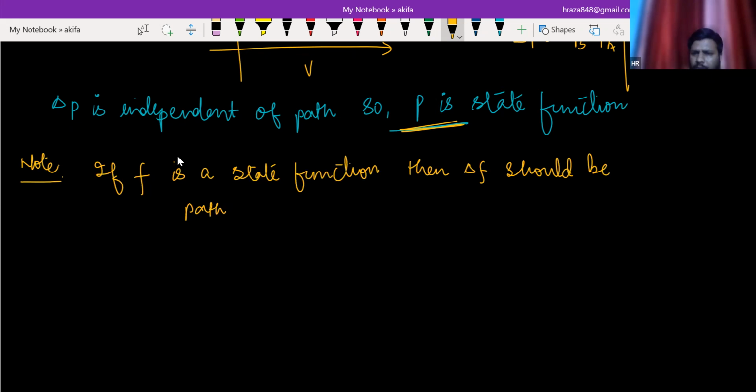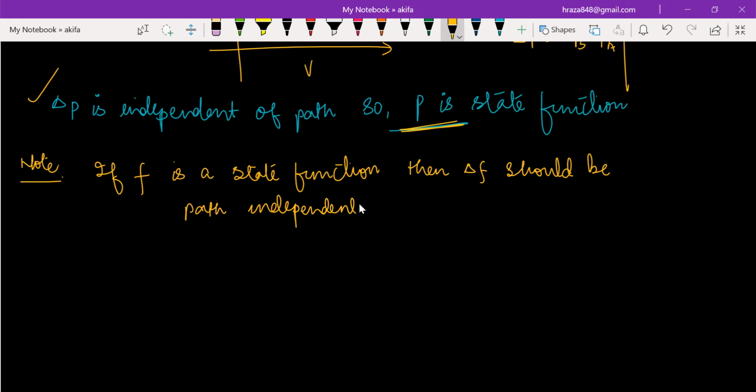I just wrote the reverse version of this. Delta P is independent of path, that means P is a state function, or if P is a state function, that means delta P is independent of path. Got it? Very good.